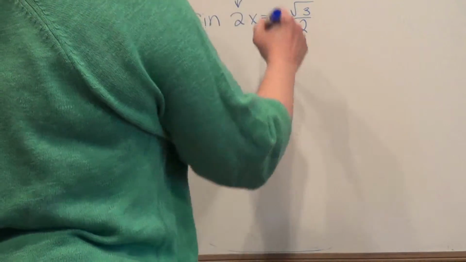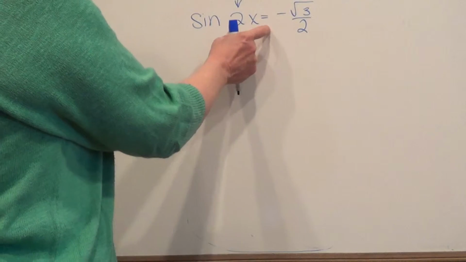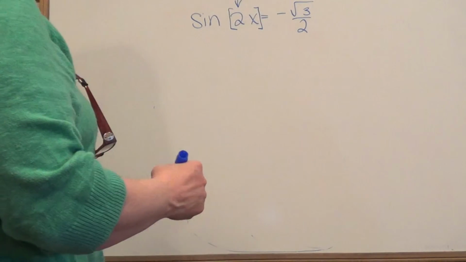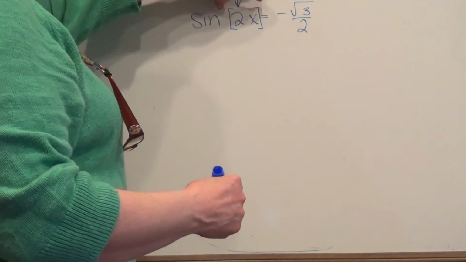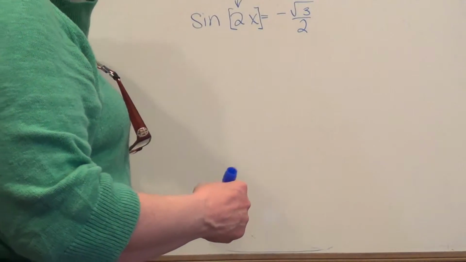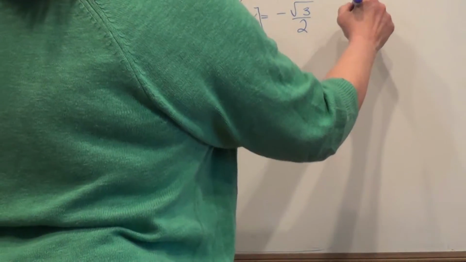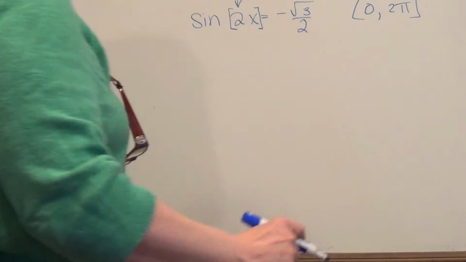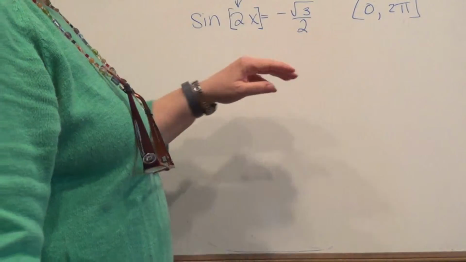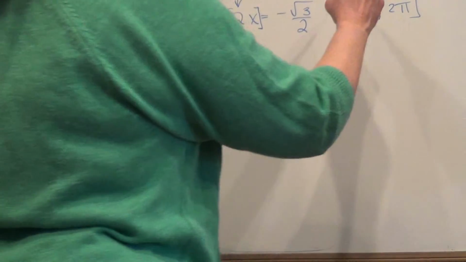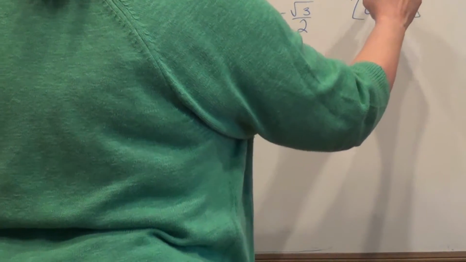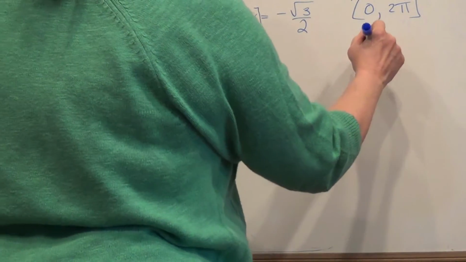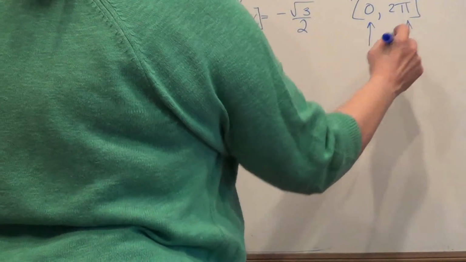We do have to address the fact that this angle x has been doubled inside of the argument. So sine is applied to the combo 2x. When that happens, we did have this as our possibilities. This is where we can look for our answers, and this is for x. It's understood that that's talking about x, but I've doubled it. So I'm going to have to double this and double this.